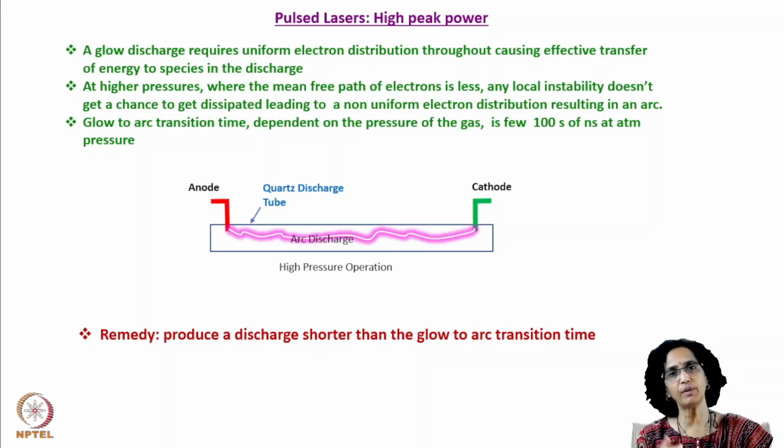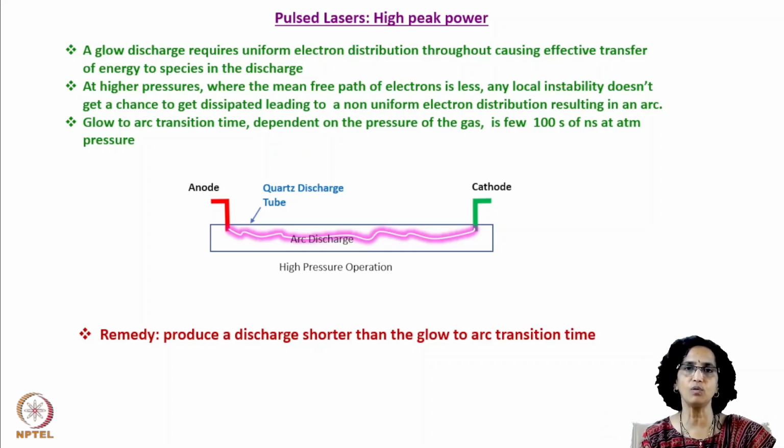Suppose we want to go from kilowatt to megawatt. So then how do we? That is a big change, and it is not really possible simply by increasing the gain medium or increasing the cavity length. So here we want to increase the number of lasing molecules per unit volume. That can be done by increasing the pressure.